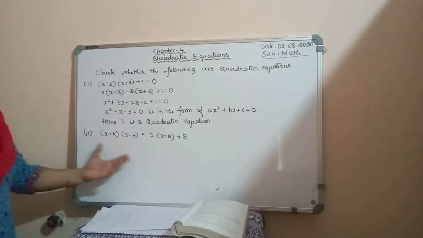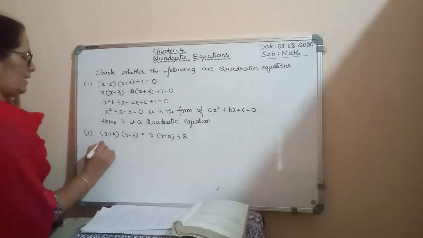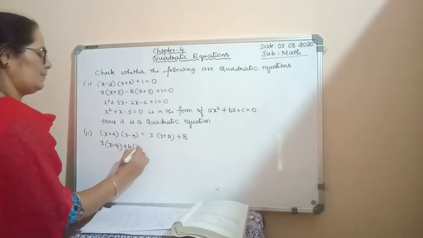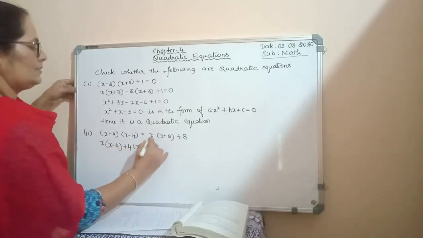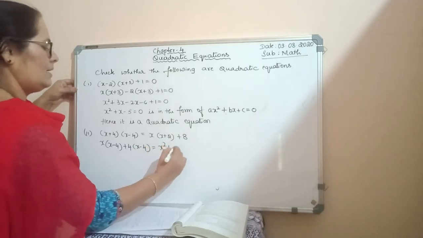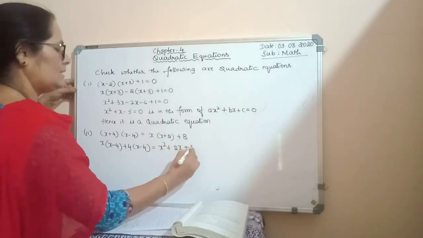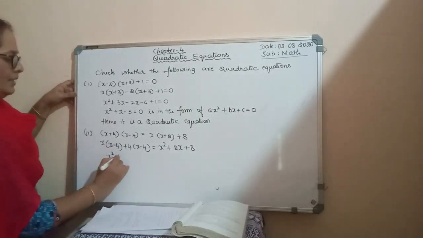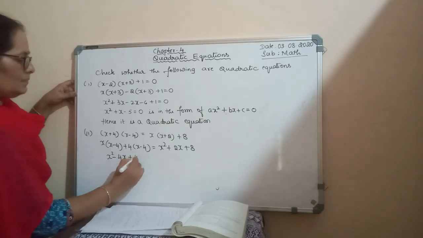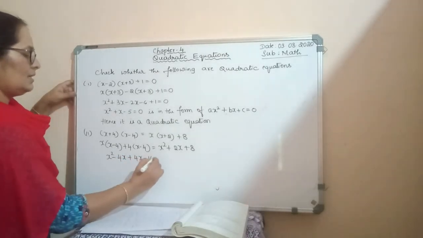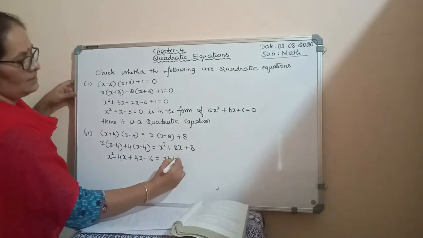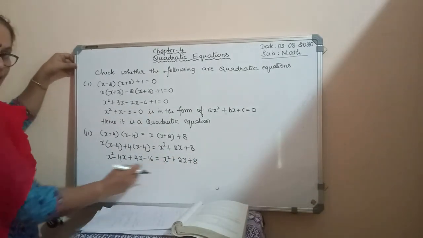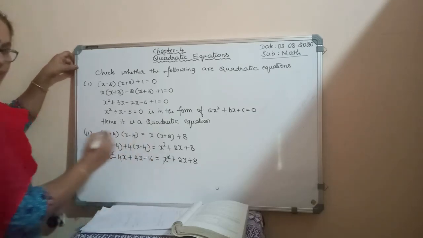Now first we simplify this. x into (x minus 4) plus 4 into (x minus 4) equals x into x, x square, x into 2 is 2x, plus 8. x into x is x square, x into 4 is minus 4x, plus 4x minus 16 equals x square plus 2x plus 8. Now see here, x square is common on both the sides, right?